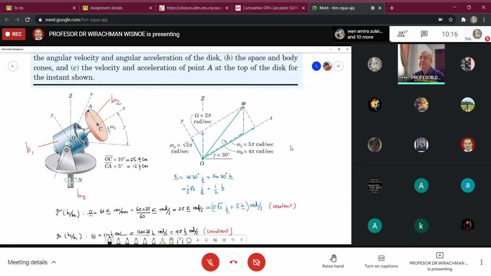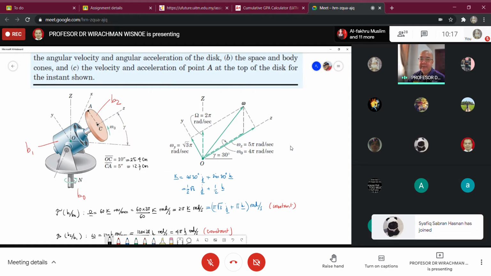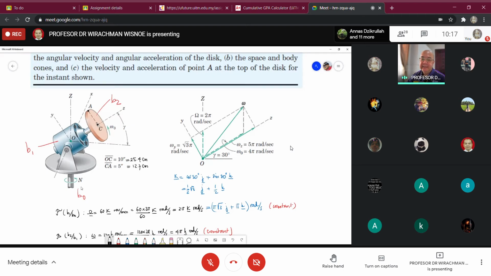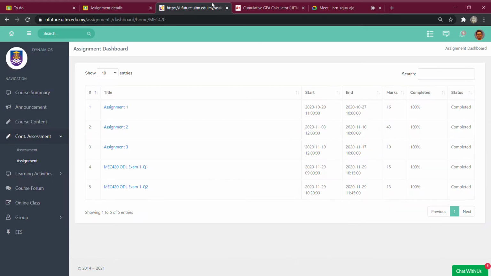Okay. So when you have this type of problem in 3D, just like what Encik Ramlan always showed in the lecture, we try to indicate the body we are dealing with. So let's say that B0 is the fixed body, the world, the ground, if you want, the casing or whatever.